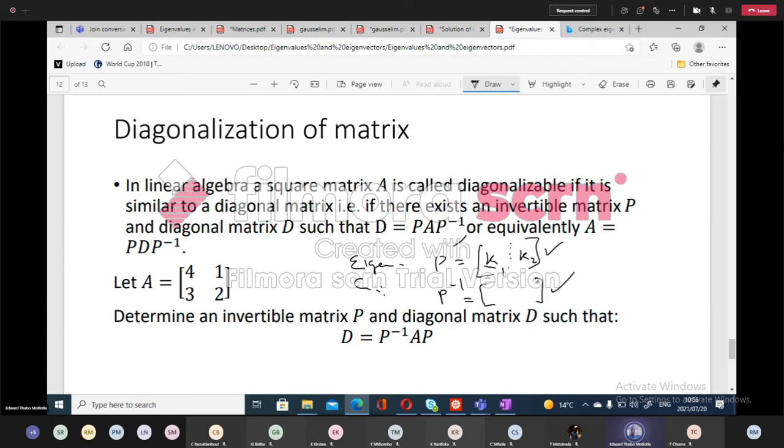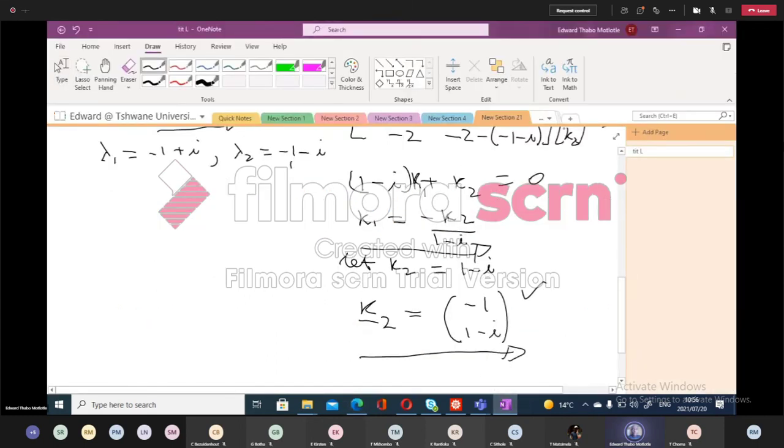We determine P inverse, and then we prove that D, the diagonal matrix, is equals to this. The eigenvalues that you got, and here will be 0 and 0. In the first matrix that we calculated, I want to go to the previous one.